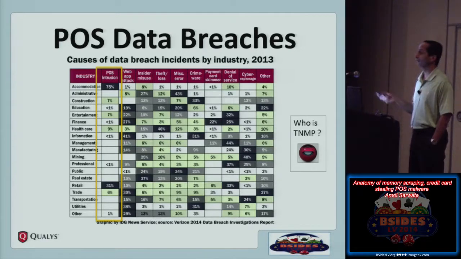And a lot of vendors like Target, Neiman Marcus, and you know all the names, and I'm not here to deface any vendor. They have been affected with POS data breaches. Next slide.